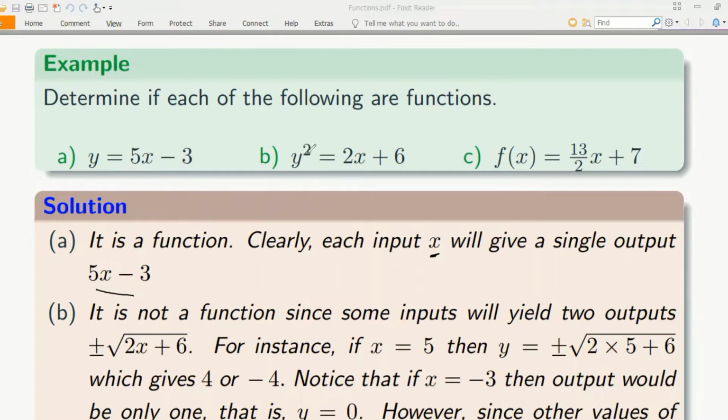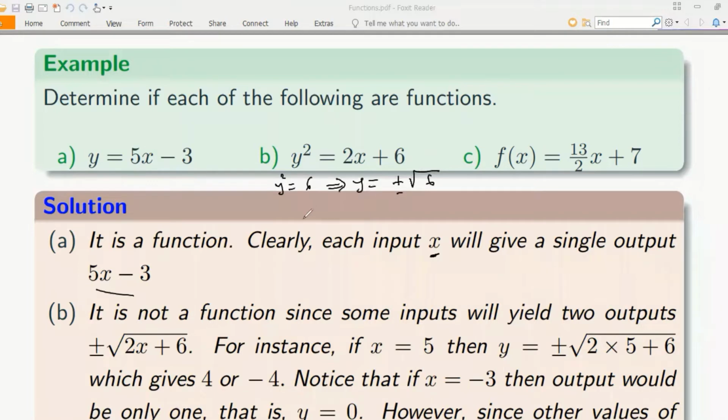Let's look at this one and see. Suppose I was to put the input x to be 0. Then I would have that y squared would be 6. So y would be plus or minus the square root of 6.